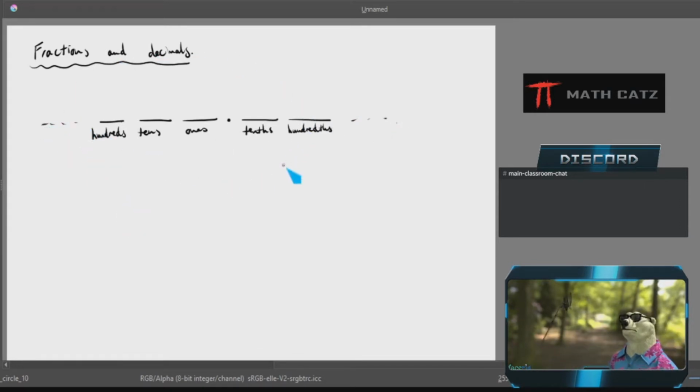Now it's still based on powers of 10. They can just get smaller and smaller as well, past the whole number parts on the left and the right of the decimal point.